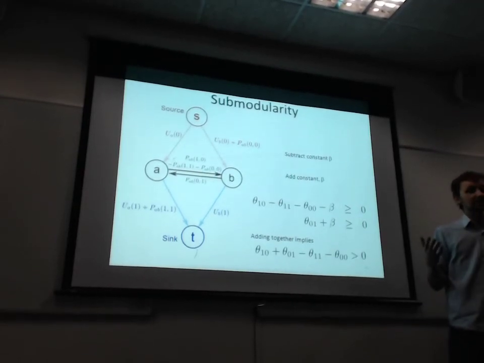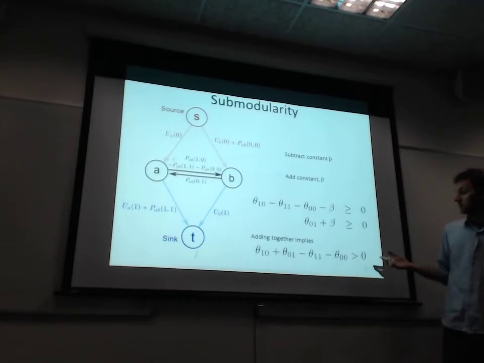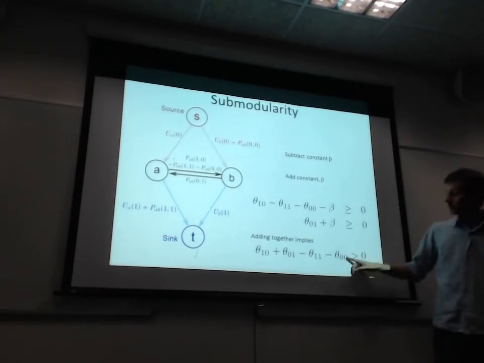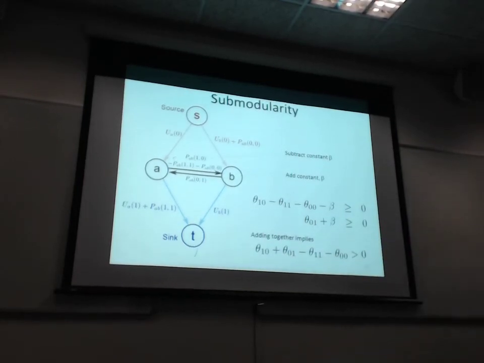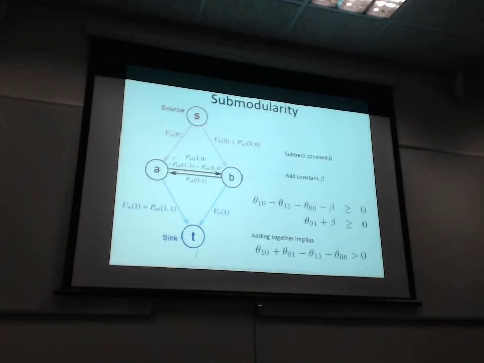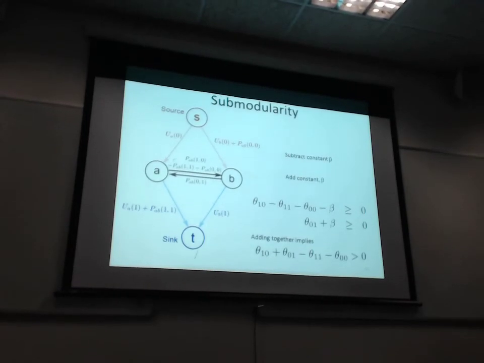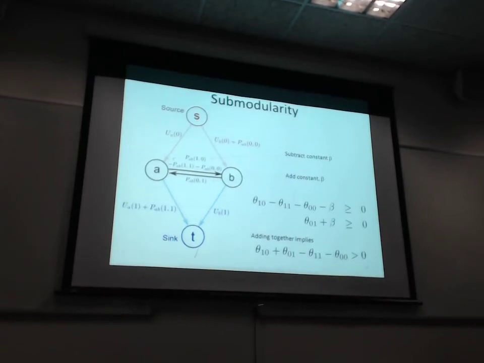This doesn't sound very exciting, maybe, but the point is that now we know what are valid choices of theta and what are invalid choices of theta, if we want the graph cuts algorithm to converge to a meaningful solution. So, will it ever choose the wrong answer? If you obey this law, it won't.